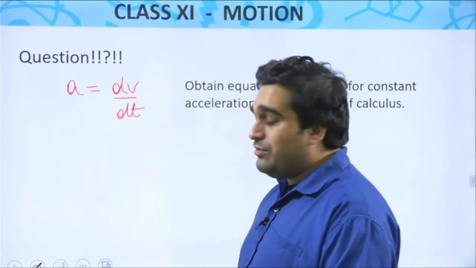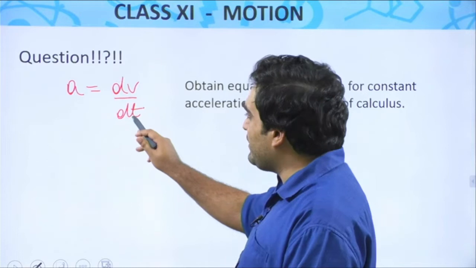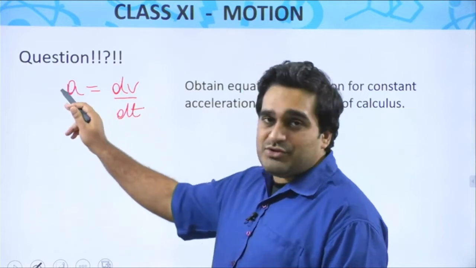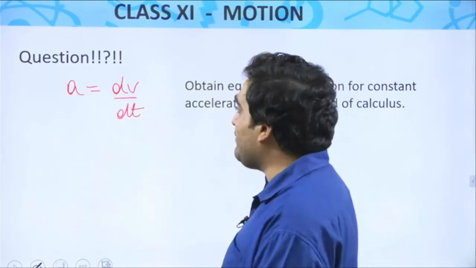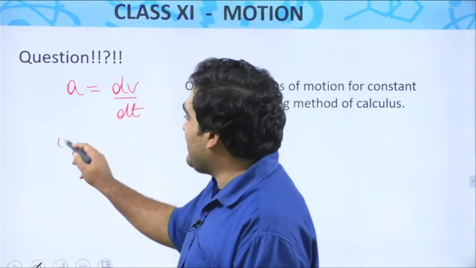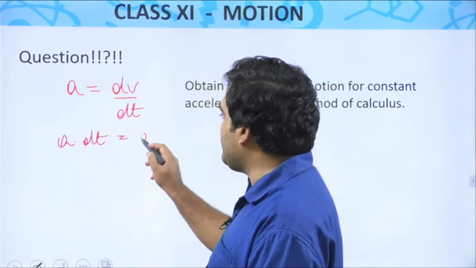Now what we do is, of these two, dv and dt, the variables, dt I transpose to the left hand side, and dv I keep as it is on the right hand side. So I get a times dt equals dv.